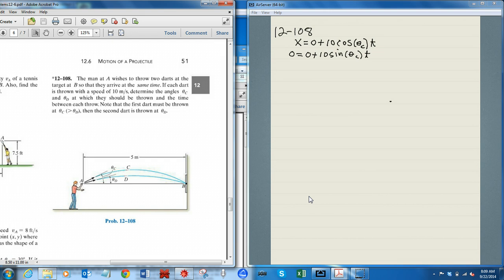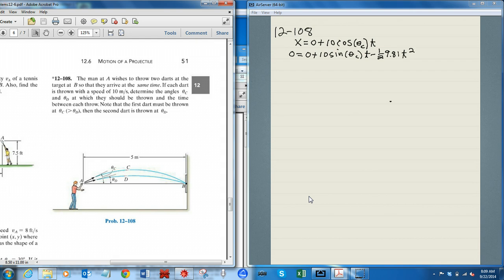Okay, now what? Is it plus? Minus? Why minus? Because you want up positive and it's accelerating that way, right? So minus 1/2. Are we in meters? Yeah. 1/2 times 9.81 times what? T squared.